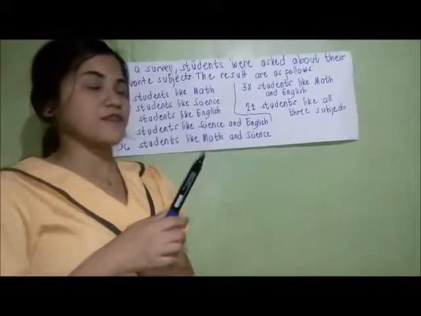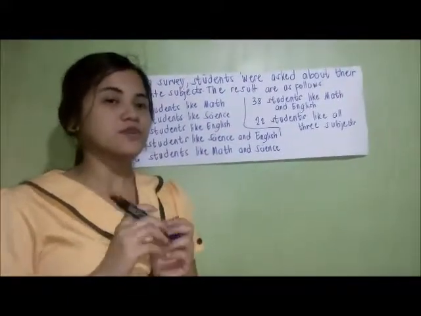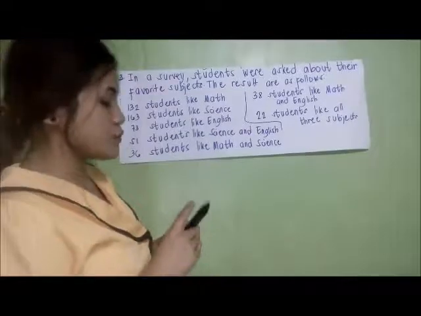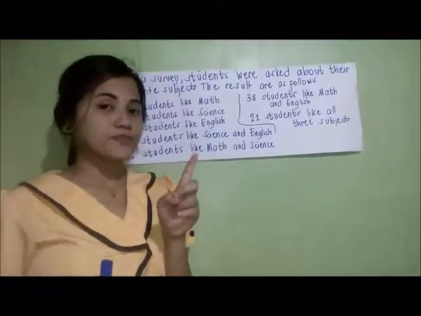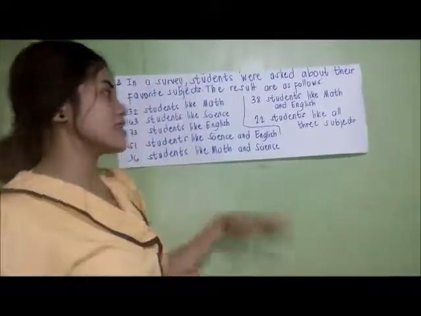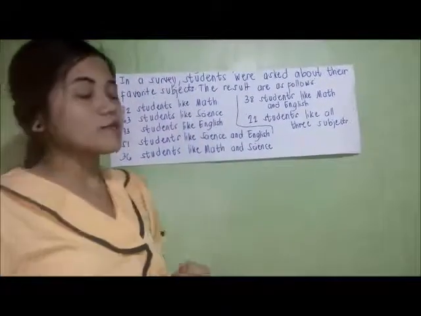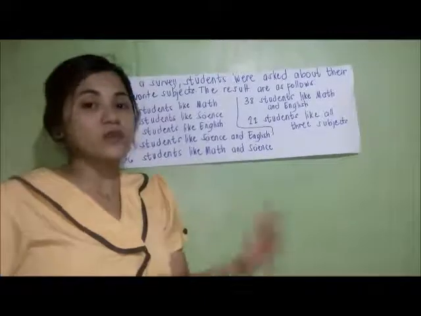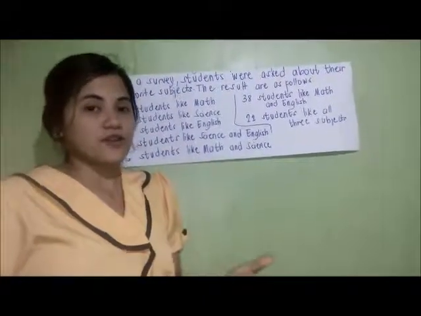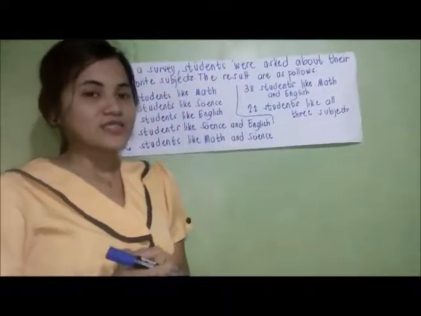Let's apply the 5 steps. First step, of course, analyzing the problem. I'll give you 10 seconds to analyze the problem, and let's work on it together after the time. Timer starts now.